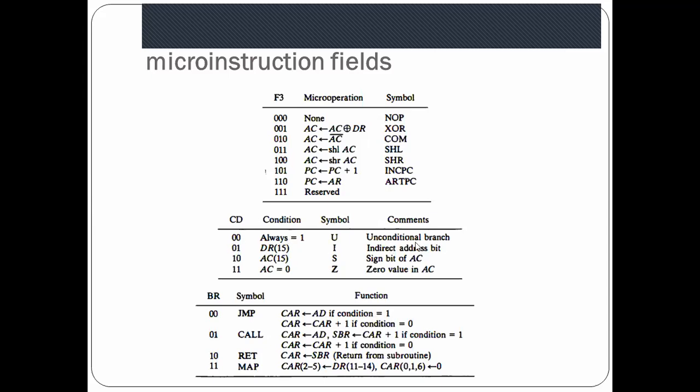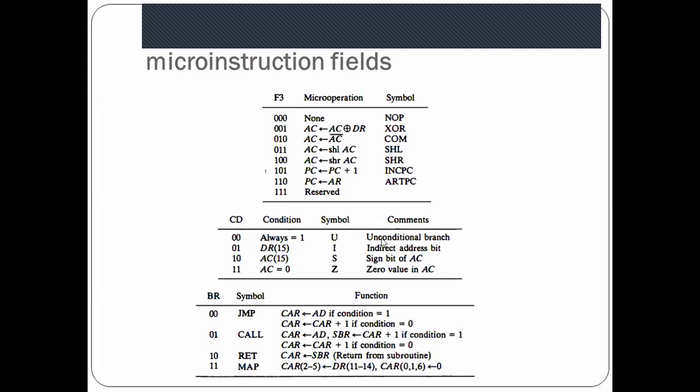Next, the conditional field, which actually belongs to the status bits. 0, 0 means unconditional branch, without any condition the branch should happen. What type of branch it is, whether a permanent jump or a temporary jump, will be available in the branch field. So the CD field is nothing but status information.